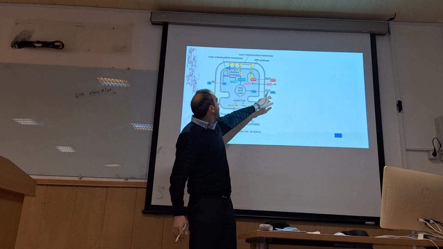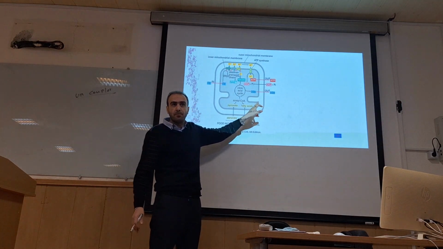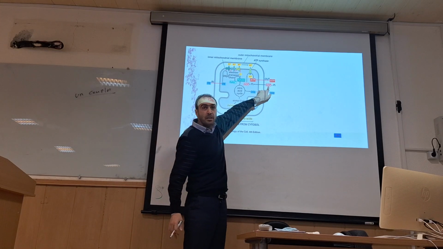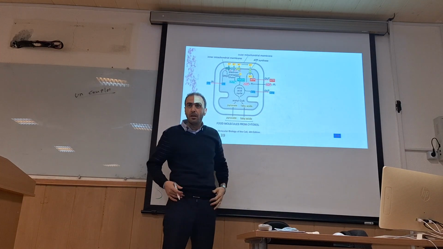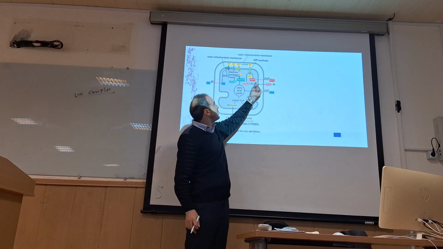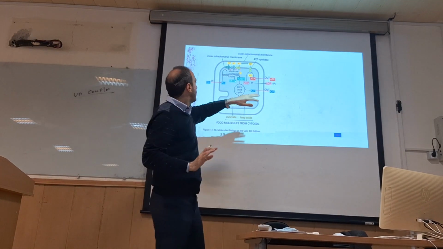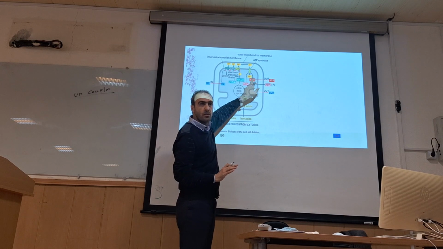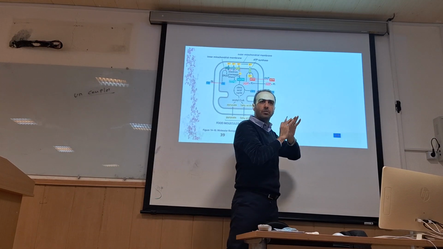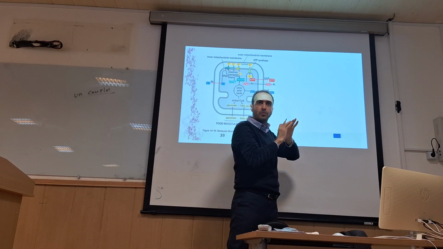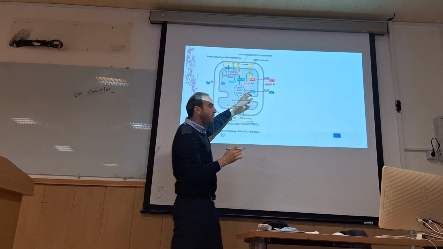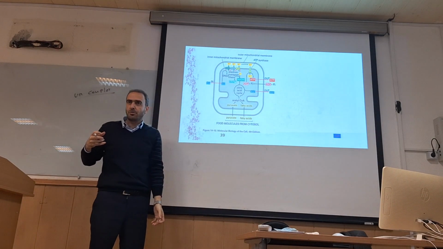So here for producing ATP, we need ADP. Okay? So there is a translocase here, which sends ATP out. Here ATP is produced. ATP should be sent outside the mitochondria, and also ADP should come into the mitochondria.